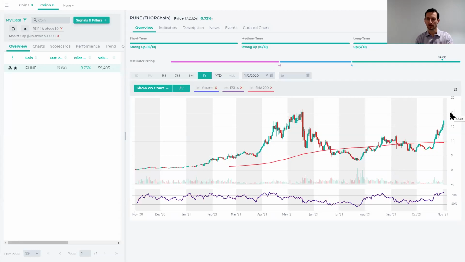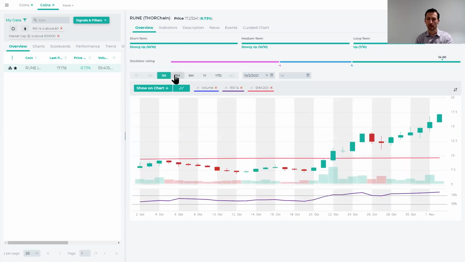So I would say I might trim some of my position, but I would let the rest of it ride out because I do think that there's a good chance we get to 20. Again, things are never going straight up, right?